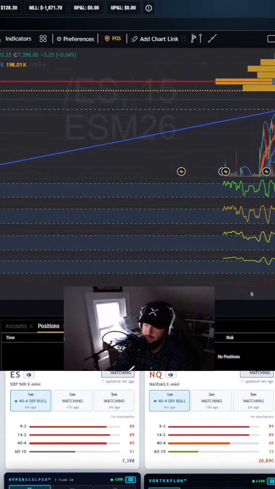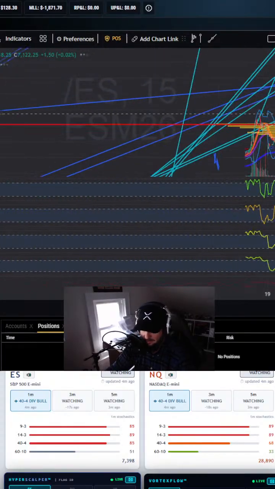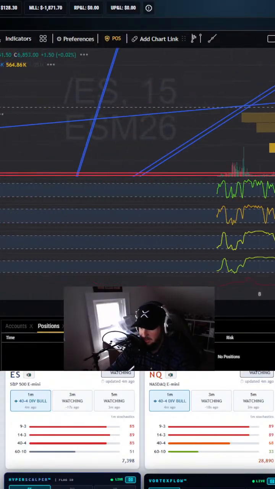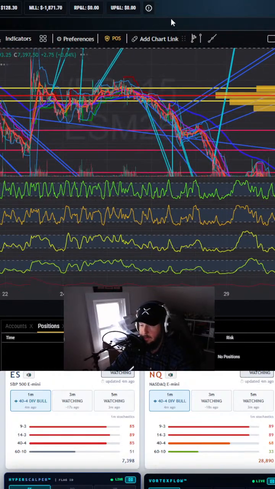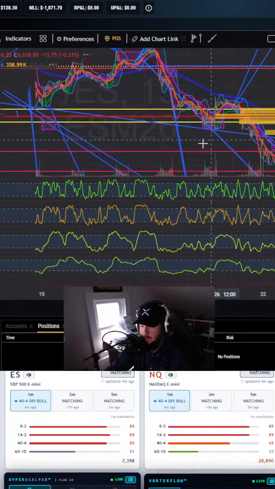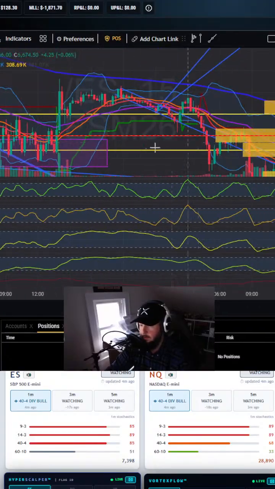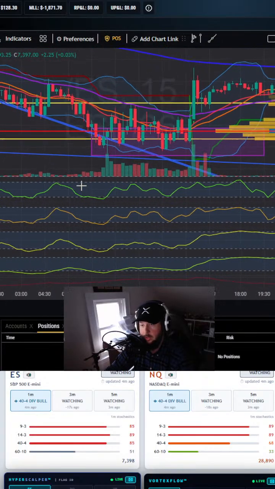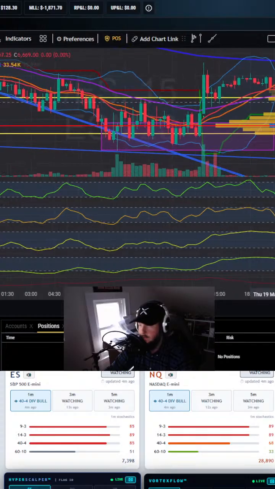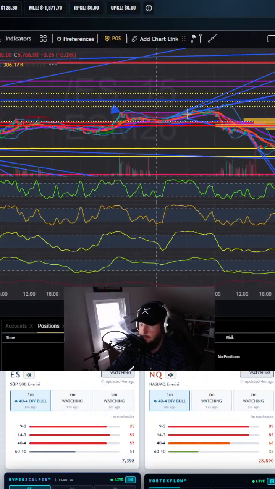Oh, it took me to the front end of the candle. Whatever. March 26th. Where are we? Down here. Okay, here's a different box. That's fine. So the same thing happened here, only we never ended up crossing in any which direction. Something seriously messed up with my chart now. No, that's really tilting.